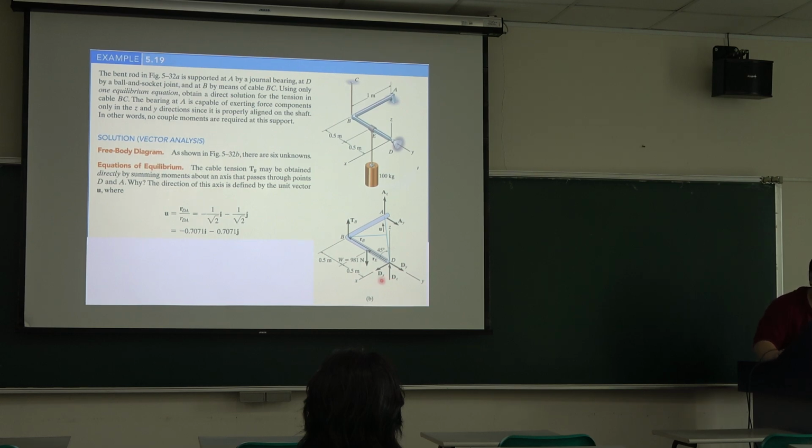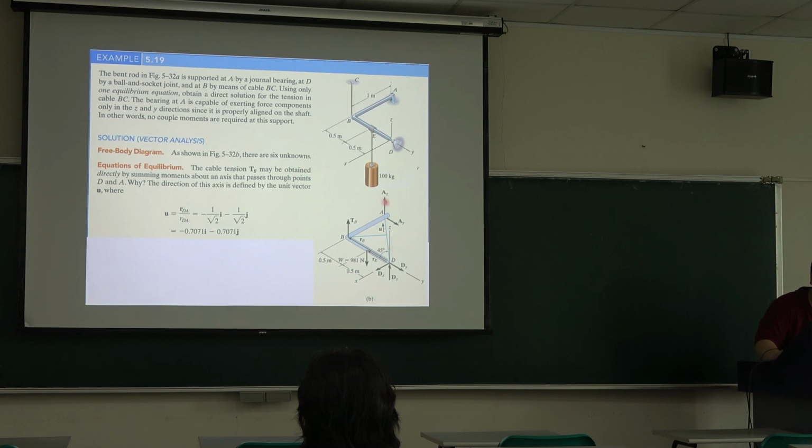Okay, so this is the free body diagram, and in this question, we can only use one equilibrium equation to solve the tension force at BC. So now we just set one moment axis.